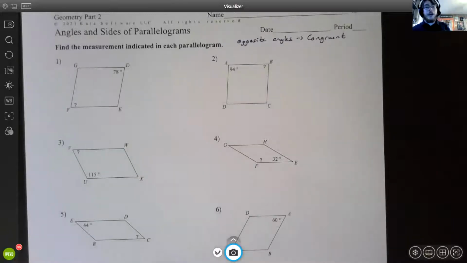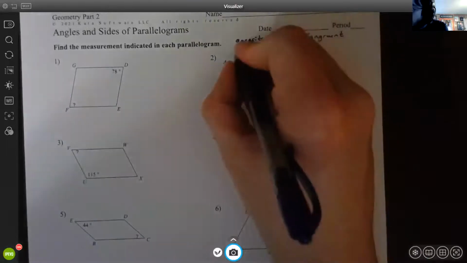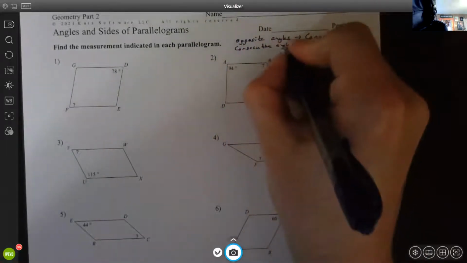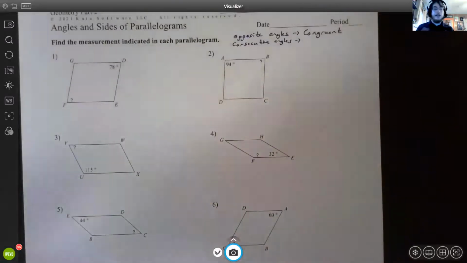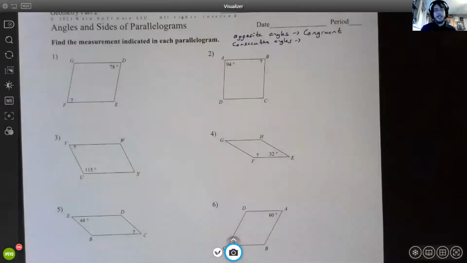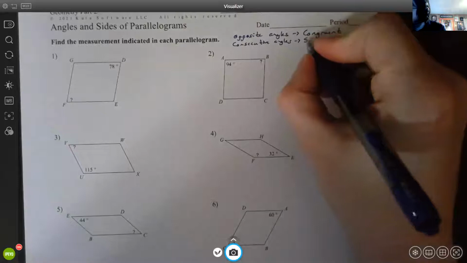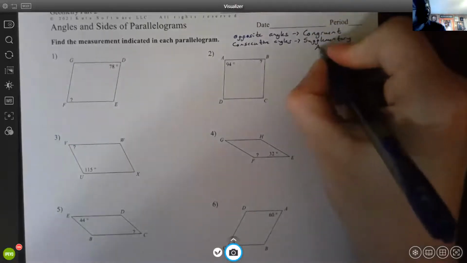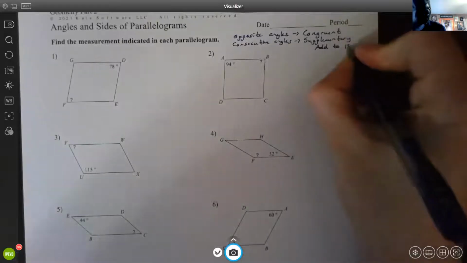The other type of angle you can have is a consecutive angle. So the consecutive angles. These are the ones that have a side that connect them together, and those are supplementary. And remember, supplementary means they add to 180. They sum up to 180.